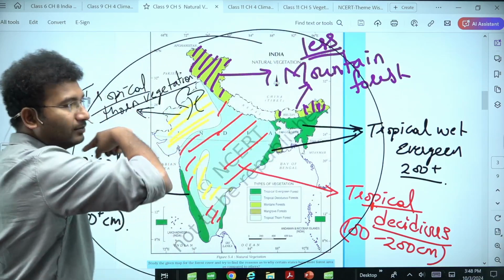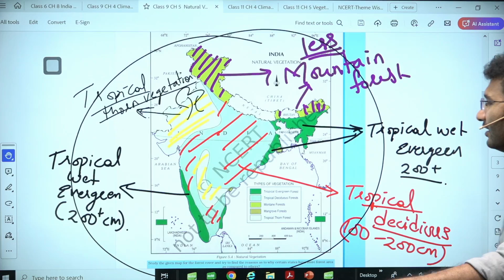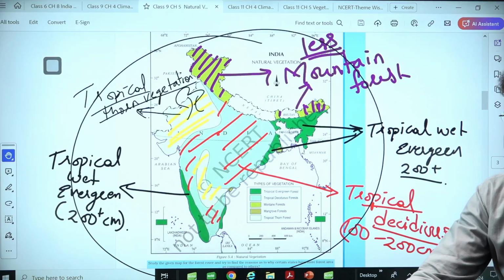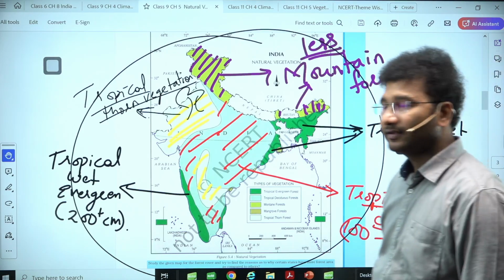And come to the Andaman Nicobar and Lakshadweep. Even there, you will have a similar kind of vegetation, that is evergreen vegetation, right?